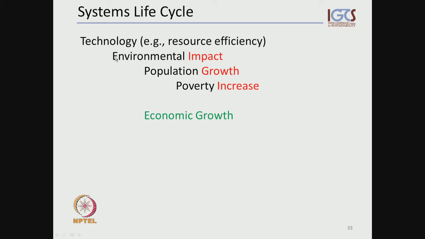It always goes along with an environmental impact, and that environmental impact in many cases will be a negative impact. It also results in population growth. It influences our population number in a positive way by increasing numbers. And by increasing population numbers, we also increase poverty.